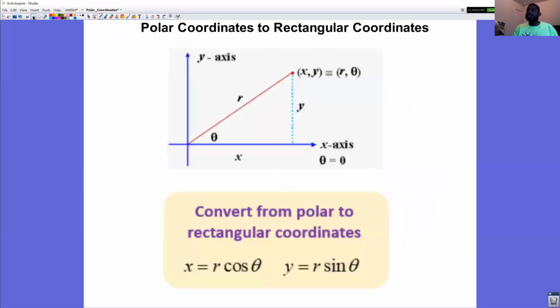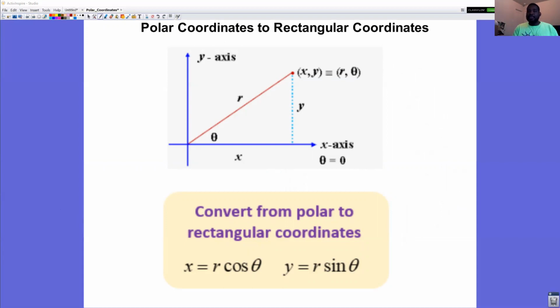So we're going to continue with the next thing about polar coordinates, which is converting from polar to rectangular. If you notice here, these are the same equations we came up with earlier in the exploration: x equals r cosine theta and y equals r sine theta.